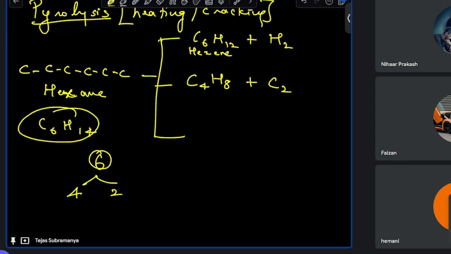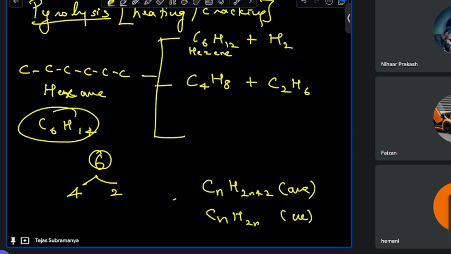The next one is the ane, so it becomes C2H6. I hope you remember the general formulas. What is the general formula for alkane? CnH2n+2. This is for ane. For ene, it is CnH2n. I'm just using the general formula to get the answer. So this is the ene, this is the ane.